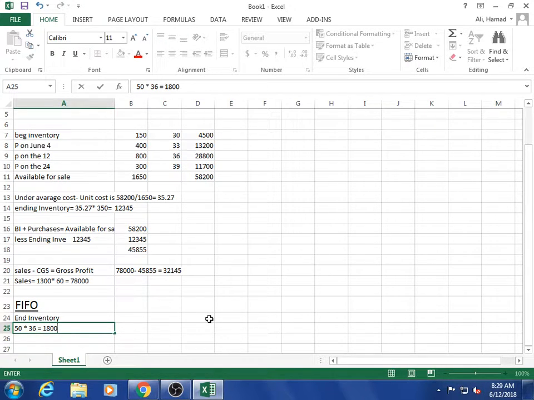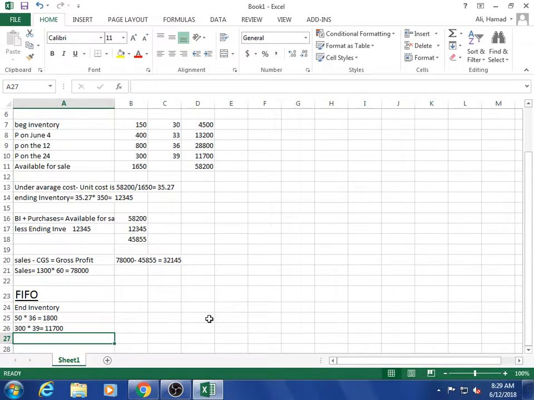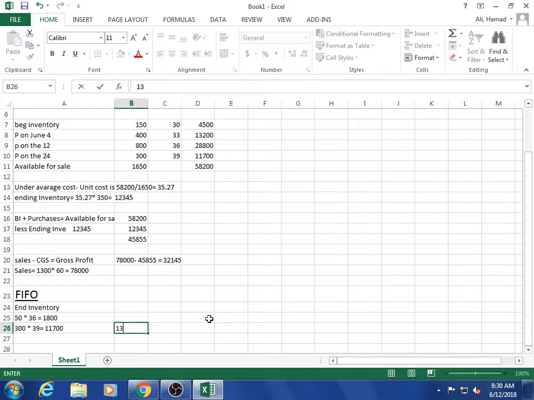All right, and 300 times 39. What do we get? Equal 11,700. So ending inventory is both the 1,800 and 11,700, and that's equal to 13,500.